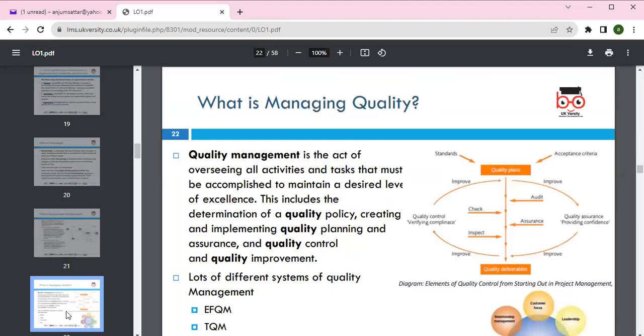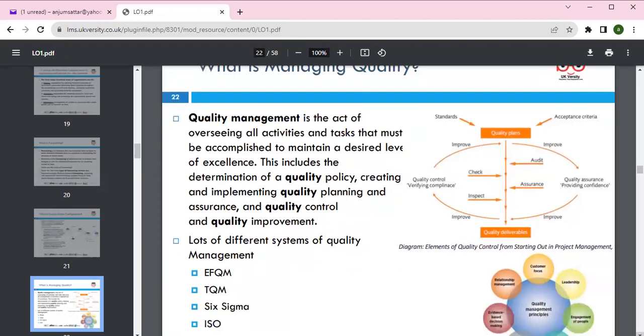Okay, what is quality management? Quality means whatever you say is the same as what you do, and you have documentary evidence. It is the act of overseeing activity to accomplish and maintain the desired level of excellence: quality policies, creating and implementing the quality plan, quality assurance, quality control, and quality audit. We have EFQM, the European Framework on Quality Management, and TQM, Total Quality Management.